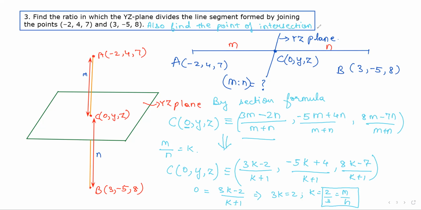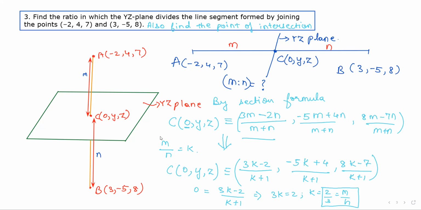This point of intersection would be the point at which your plane and line meets. This point is your C. So to get this particular part of the question, you have to find the value of y and z. For this, you'll have to equate your y with the second term on the right and your z with the third term on the right.